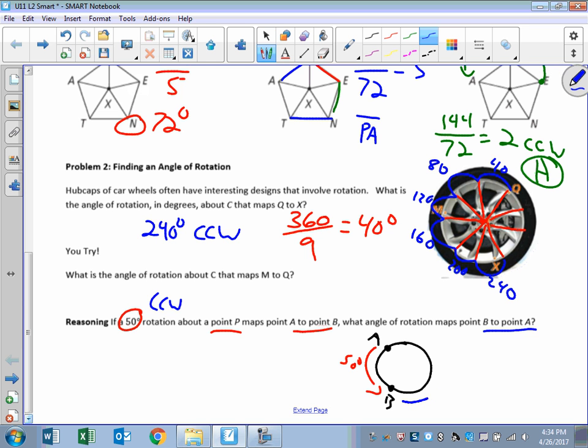So you can go around this way to go from B to A, but we learned this in the circles unit, going around the other side, when we did arcs, you just do 360 minus what we got. So we know we'd have to go 310 degrees counterclockwise to go back around to A.